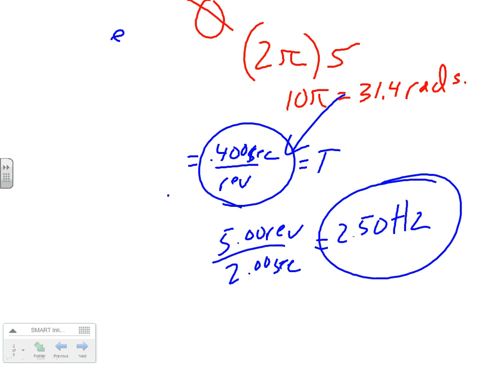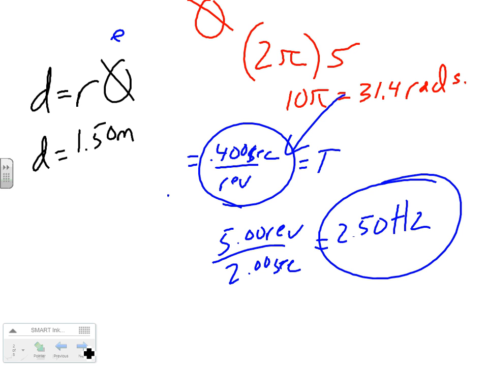The next thing we were asked to find was a linear displacement. The relationship we're going to use there is that distance, or we couldn't use delta x here, is equal to the radius of rotation times our angular displacement. So in this problem, the radius is the length of our rope, 1.5 meters, and the angular displacement, 31.4 rads.